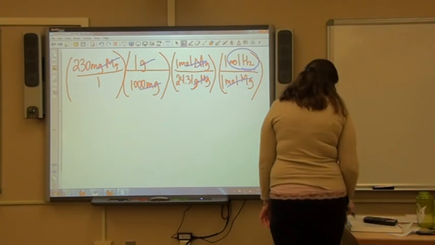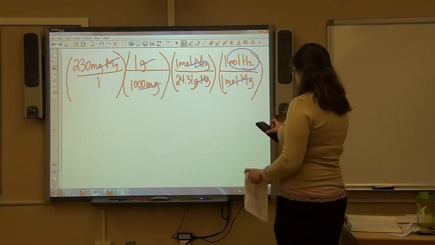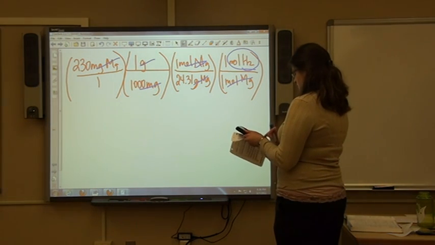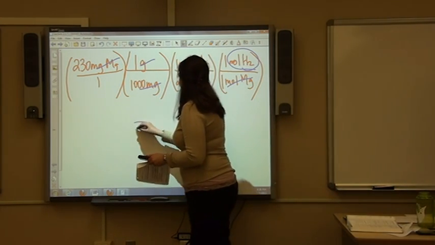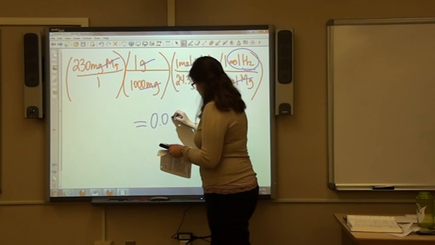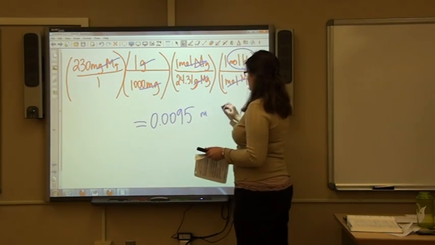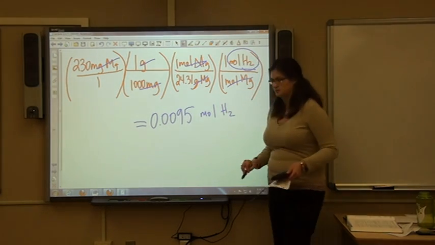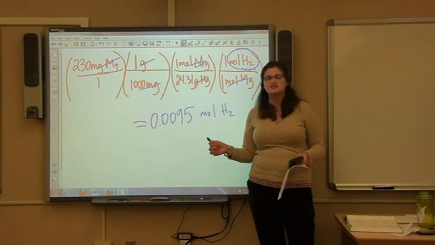So therefore, your answer is going to be 230 divided by 1,000 divided by 24.31 equals 0.0095 moles of H2. I expect this number to be in scientific notation, so make sure that you do that.